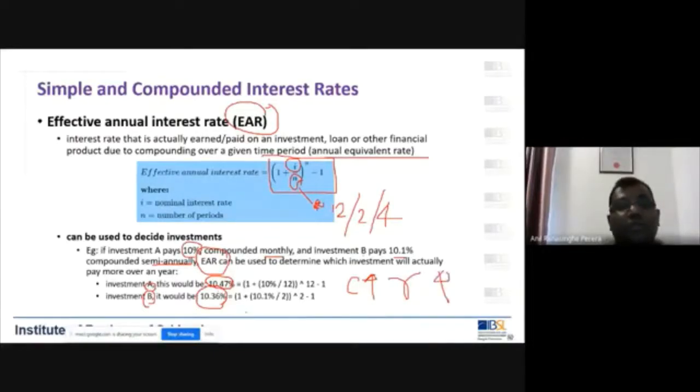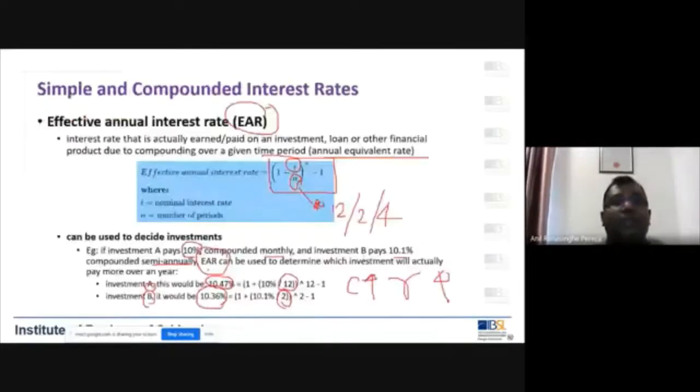From this calculation, we can see investment A is subject to greater compounding, 12. Investment B is subject to lesser compounding, it's only 2. So A is having a higher return because of the higher compounding.